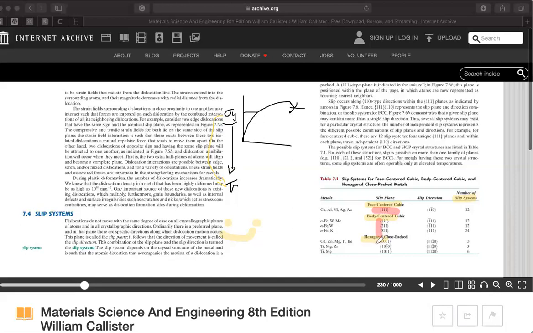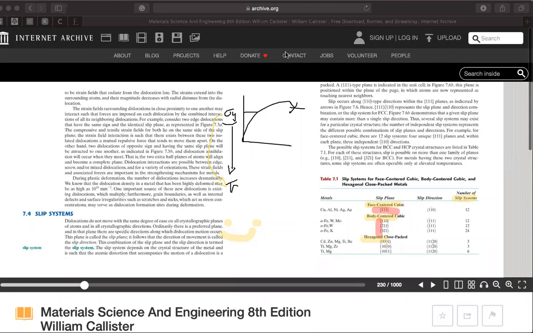For BCC and HCP, BCC has no close-packed plane, but there are planes where the atoms are close to each other compared to other planes within the BCC. Also, the direction <1 -1 0> is the direction where the atoms are closer to each other. It has the highest linear density compared to other families of directions.